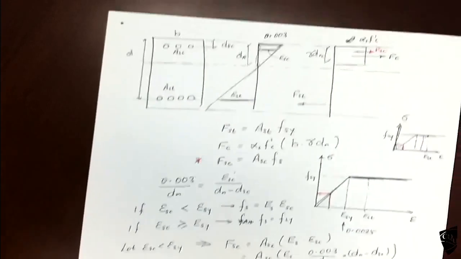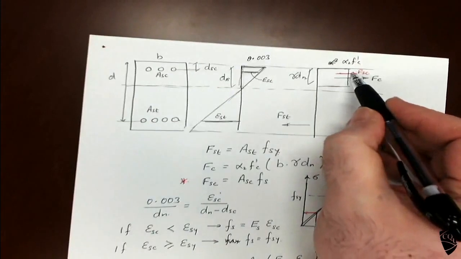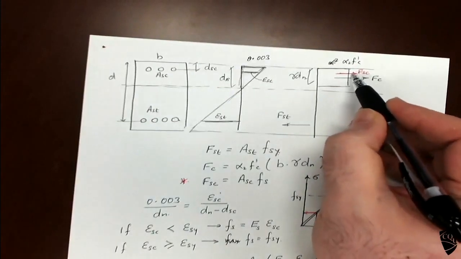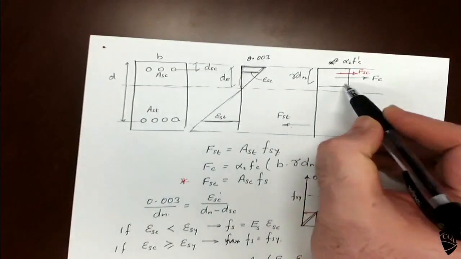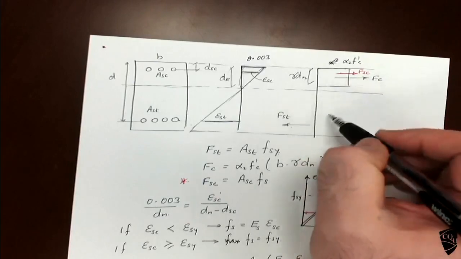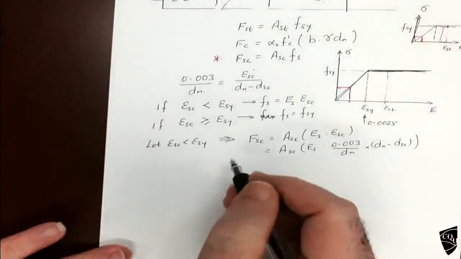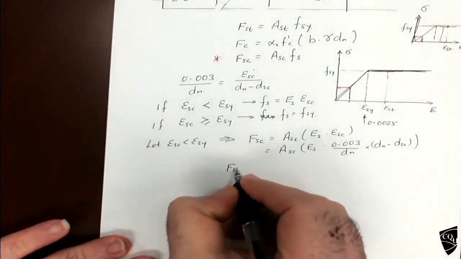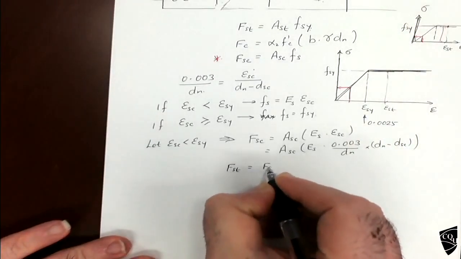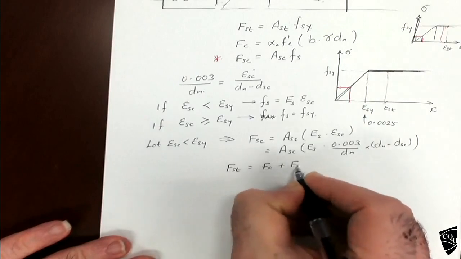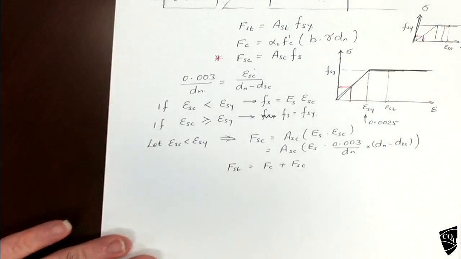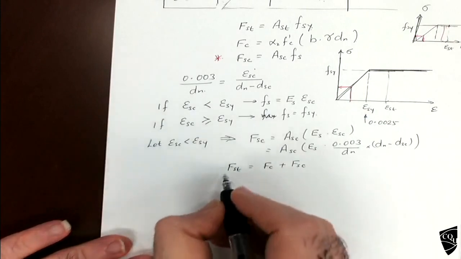Now for the equilibrium equation, this plus this equals that. This is compression and this is tension, so it should be balanced. So Fst equals Fc plus Fsc. What is this one?